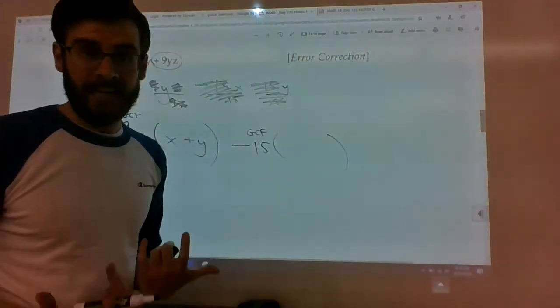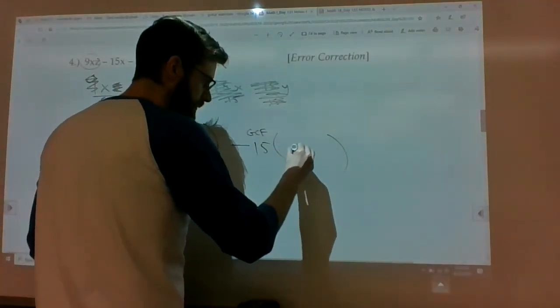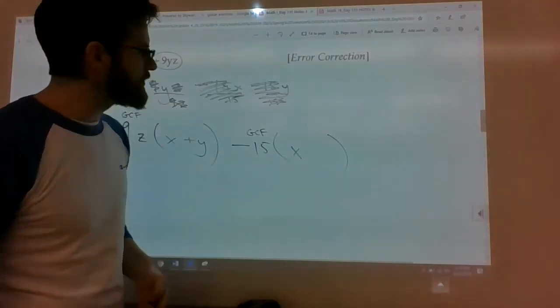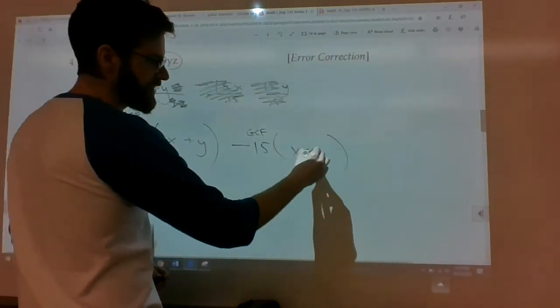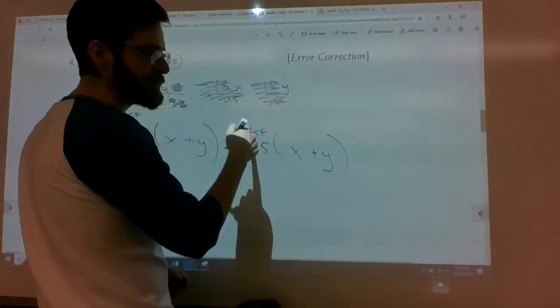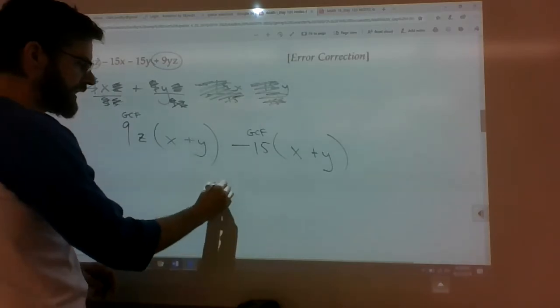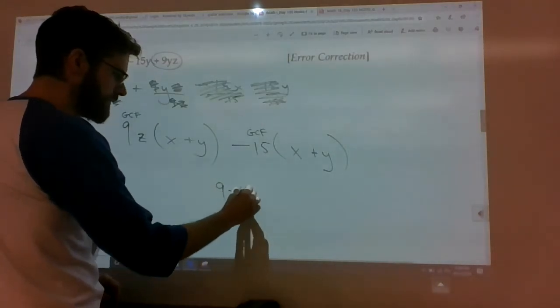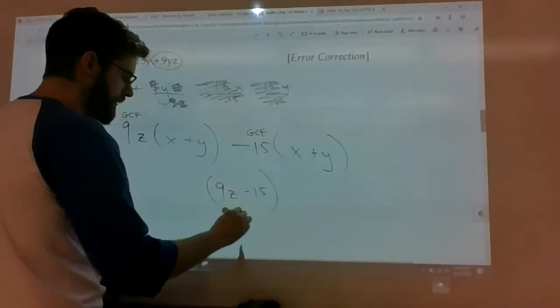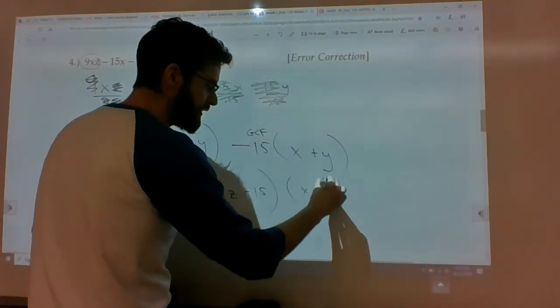Negative 15 divided by negative 15 is positive 1, so it's positive 1x. Again, though, I'm just going to write x. And same thing over here, it's just going to be plus y. Negative 15 divided by negative 15 is positive 1. The GCFs create a binomial factor, and then your leftovers are here.